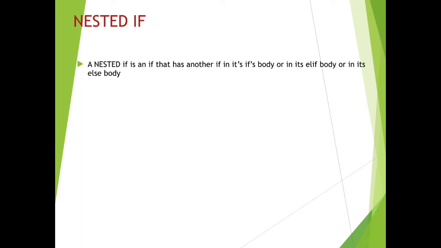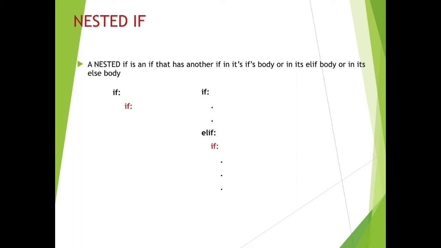Let's try to understand the first part of this definition. The first part says that if within a single if statement we have another if statement, then it is known as nested if. Also, if within elif we have an if statement, then also we say it is nested if. Why?